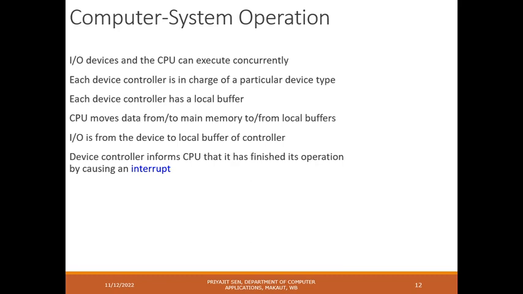At that time, that request will be generated by the DMA controller to the CPU to stop its operation for some time, and at that time that DMA controller can do the particular operation.